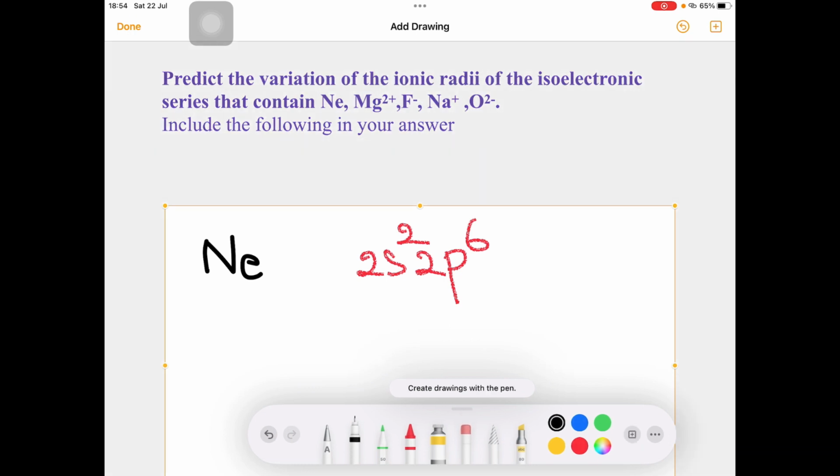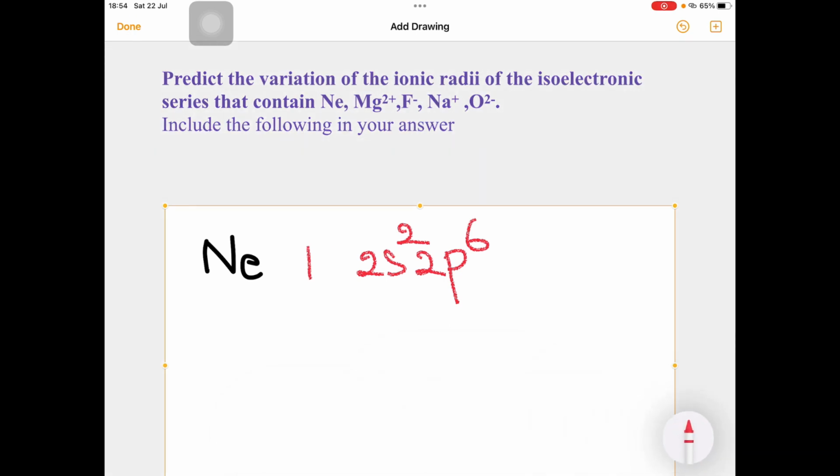So neon has this configuration 1s2, 2s2, 2p6.